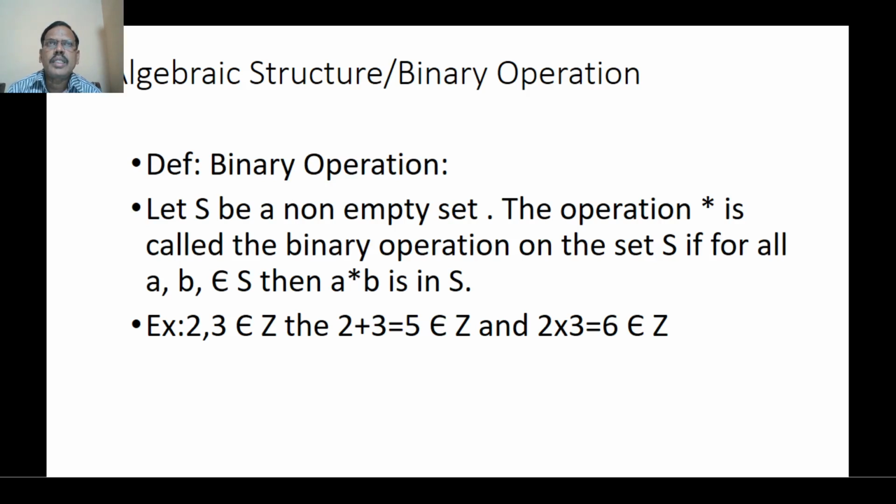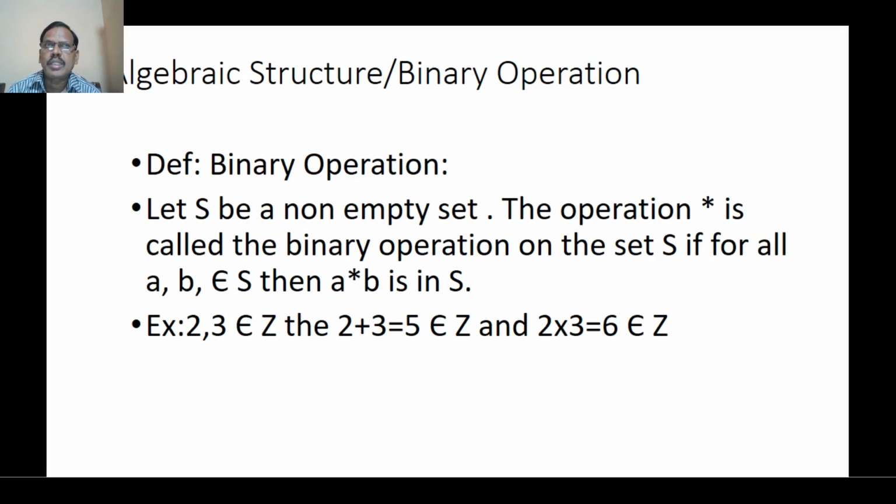I will give an example. The set of all integers, consisting of positive as well as negative integers including 0. You take two integers, 2 and 3. You add those: 2 plus 3 is equal to 5.